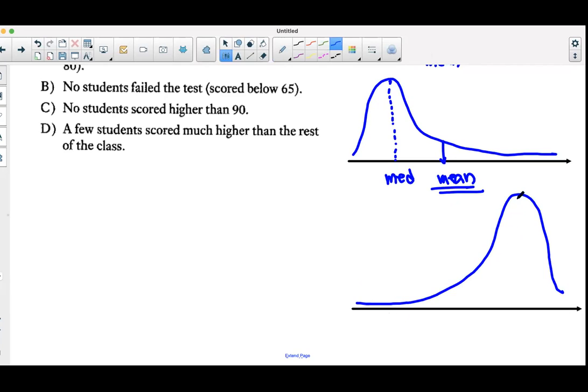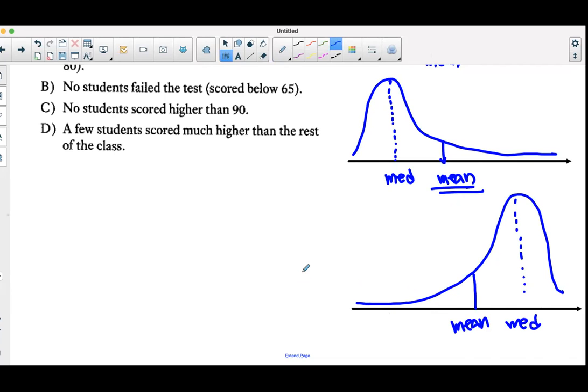And guess what, guys? While my median score, the middle score, is still pretty high, my average will go down by far because of the couple of people on the lower side. Once again, what's happening, guys? Mean always follows the tail.